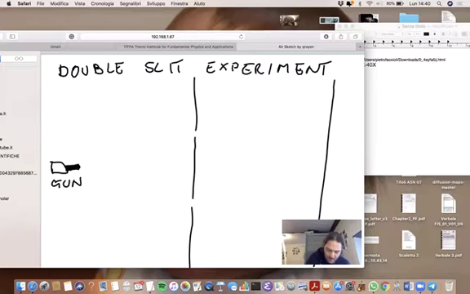We have two screens. However, the second screen is hard, which means that whenever a bullet touches the screen, it cannot penetrate.